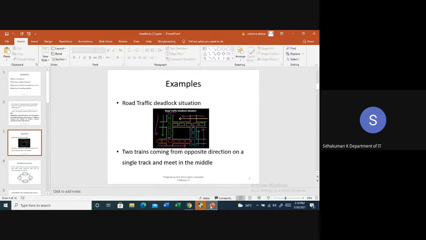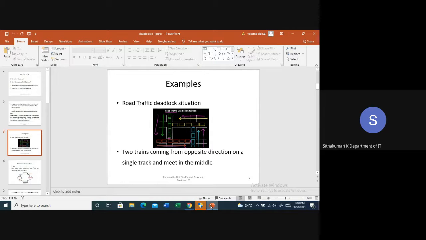The green car which is touching the red car cannot proceed, and none of the cars can continue their journey because they cannot move. So there is a deadlock situation.